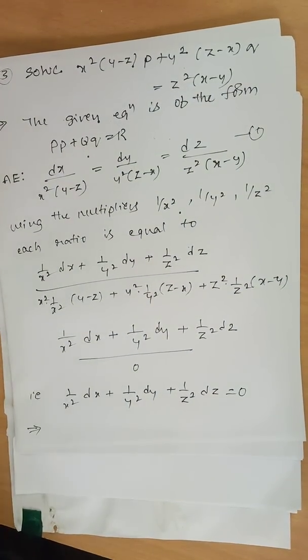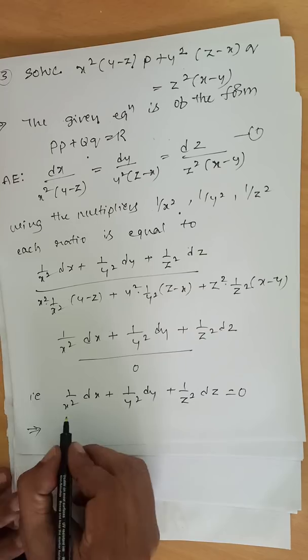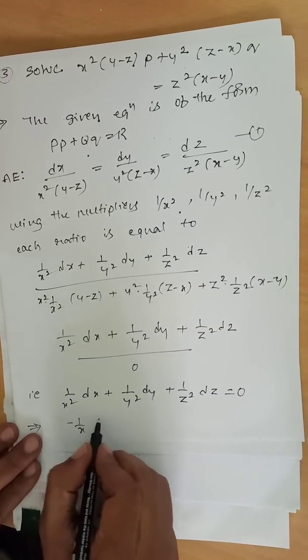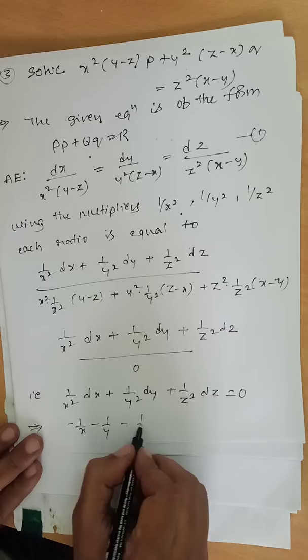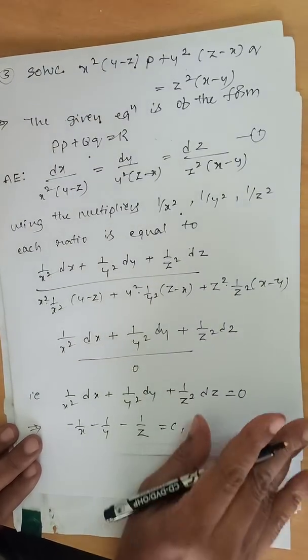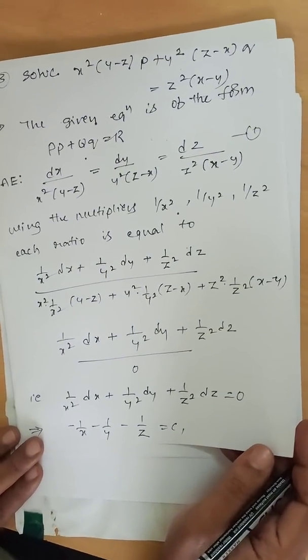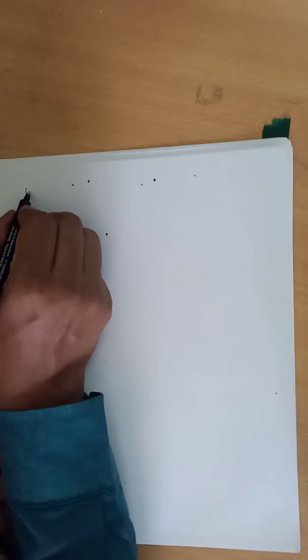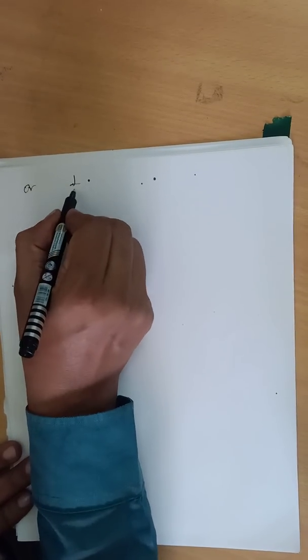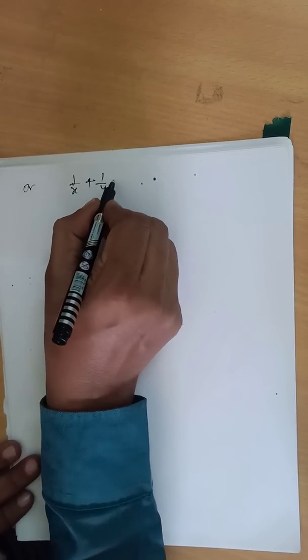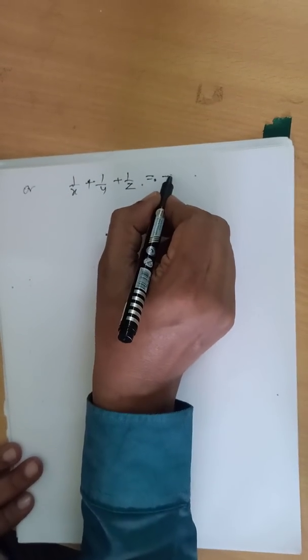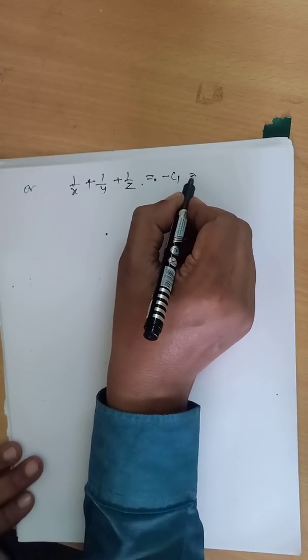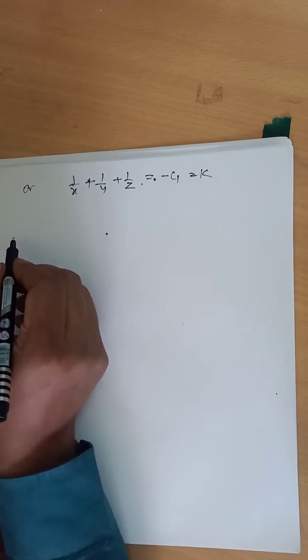On integration, the integral of 1/x² is −1/x, so −1/x − 1/y − 1/z equal to c1. Or take minus to the right hand side: 1/x + 1/y + 1/z equal to −c1, we denote k because it is a constant.